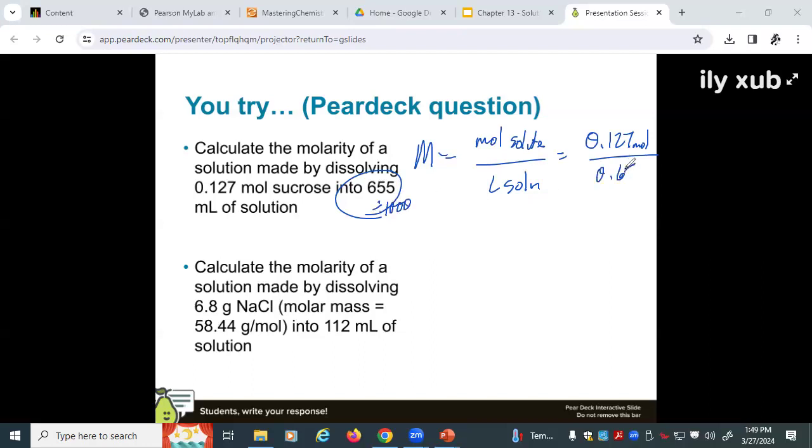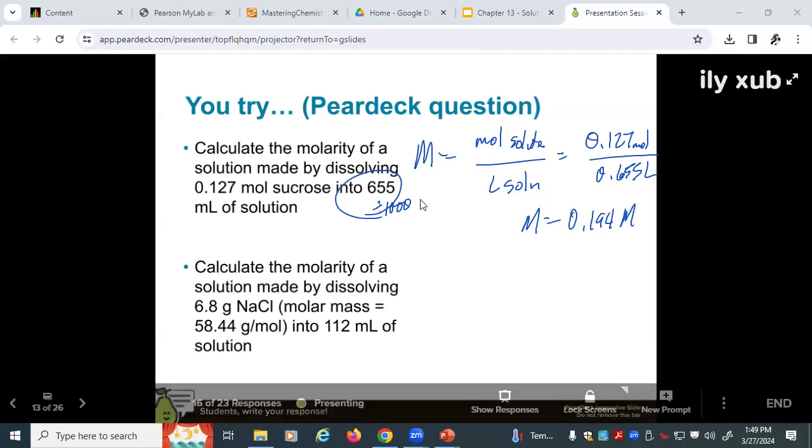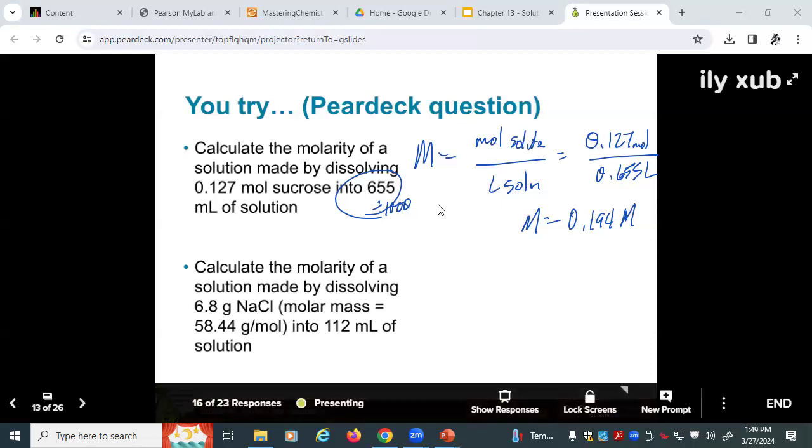So it's 0.655 liters, which means the molarity is 0.127 divided by 0.655, which is 0.194 molar. So go ahead and put the 0.194 molar in and get that extra participation point for today.